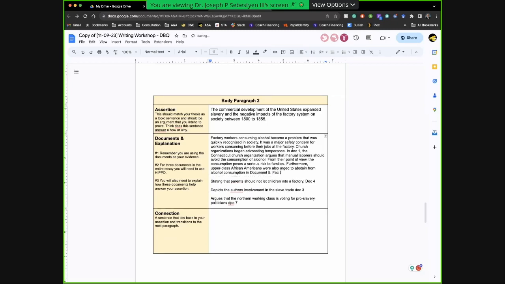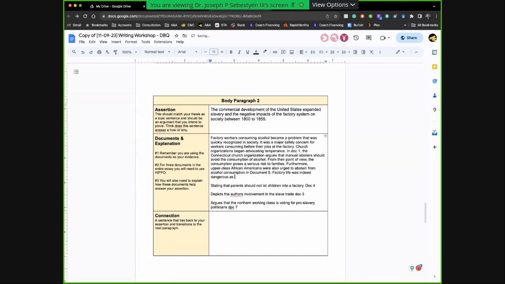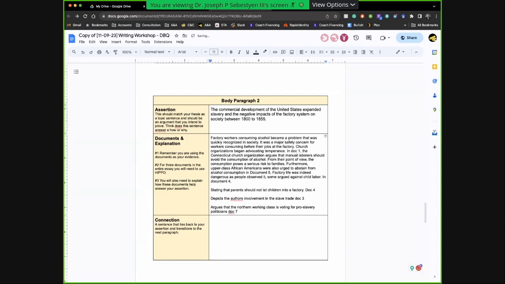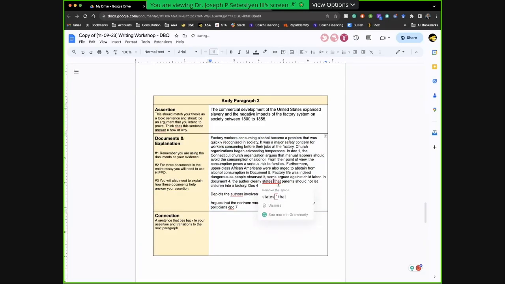Factory life was indeed dangerous. The author clearly states that parents should not let their children work in a factory because of these dangers.